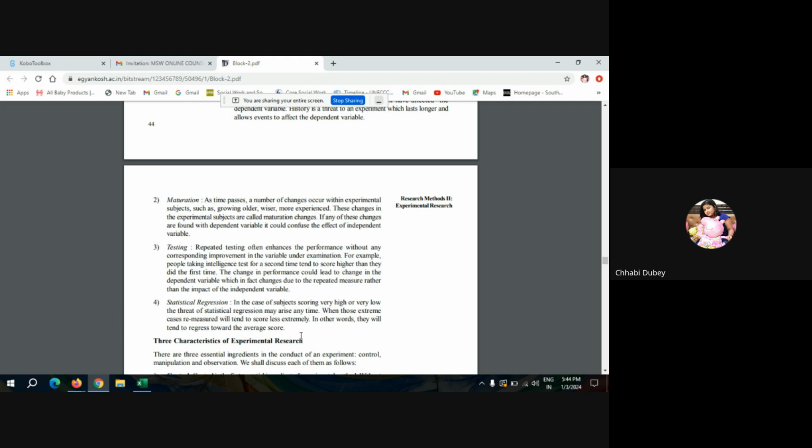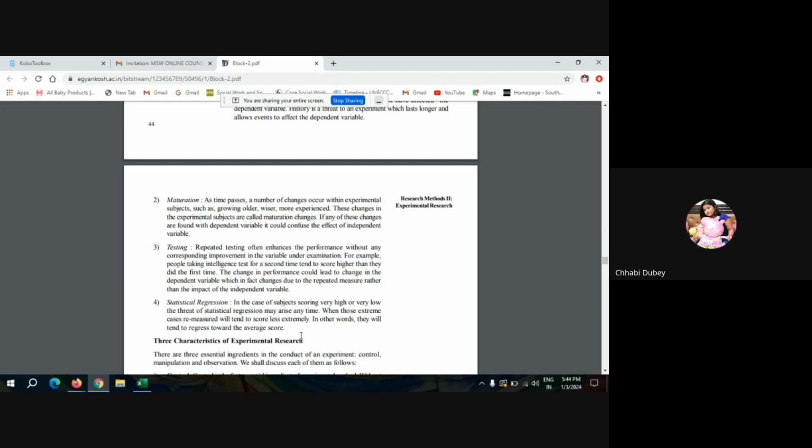And the last is what is known as the threat of statistical regression. Regression, in this case, concerns subjects scoring very high or very low. The threat of statistical regression may arise at any time. The difference between the subjects scoring very high and those scoring very low may be very real.